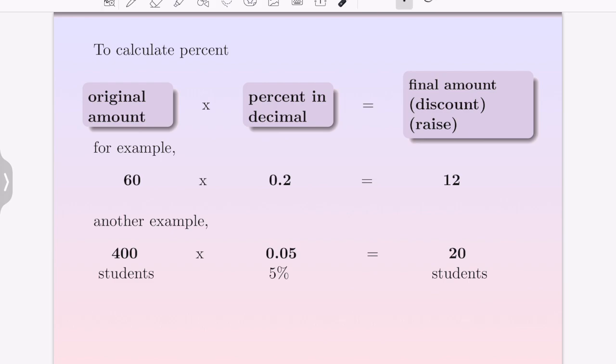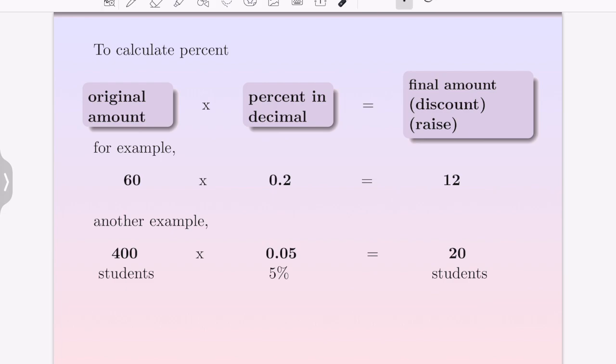So this is quite an important equation that we will keep using all the time. And we can keep asking about different things from that equation. We can ask about the final amount: what is 20% of the original amount. But we can also ask about the original amount: $12 is 20% of what number?